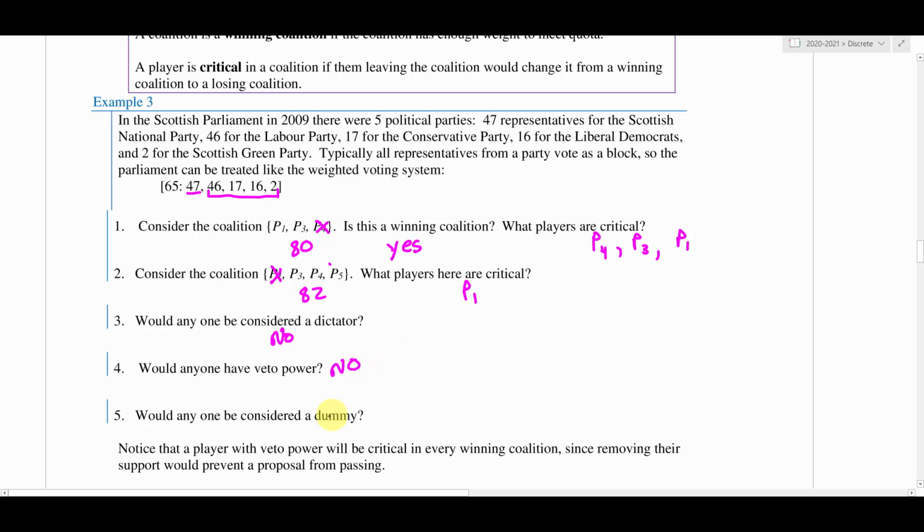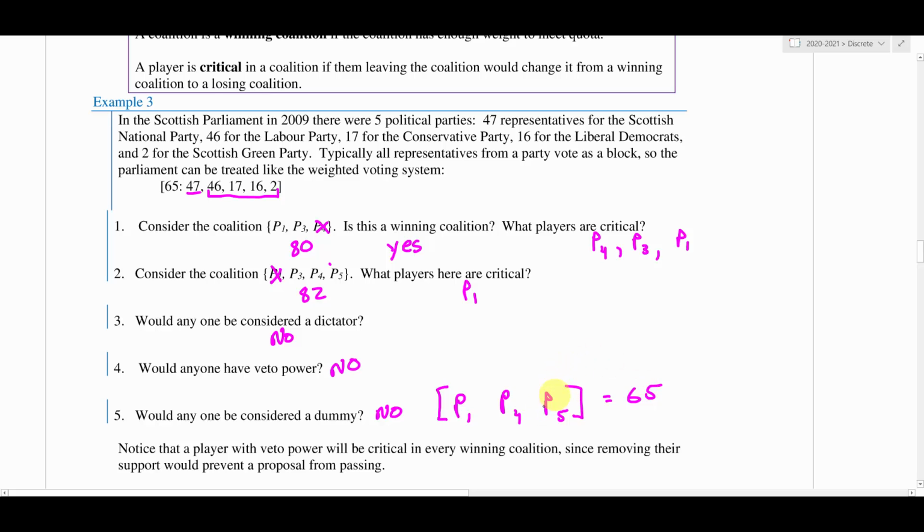All right, would anyone be considered a dummy? And the answer to this one is actually no, and I'll show you why. So if we considered the coalition, player 1, player 4, and player 5. Here's my coalition, and if I were to tally up the number of votes that this particular coalition has, they would have exactly 65 votes.